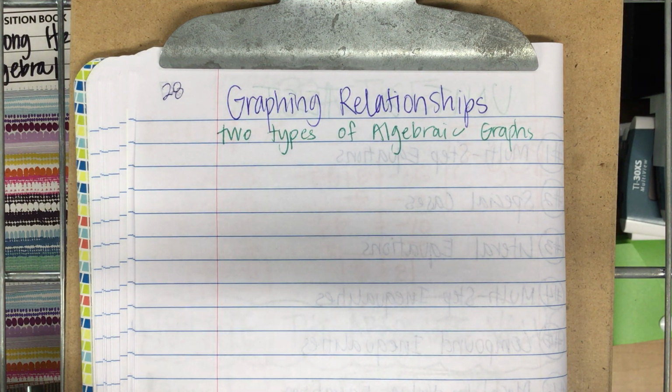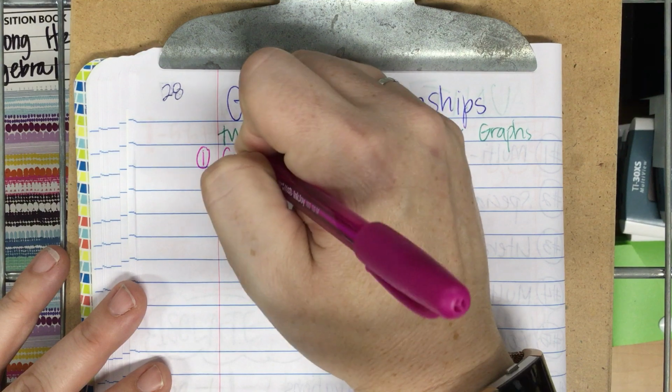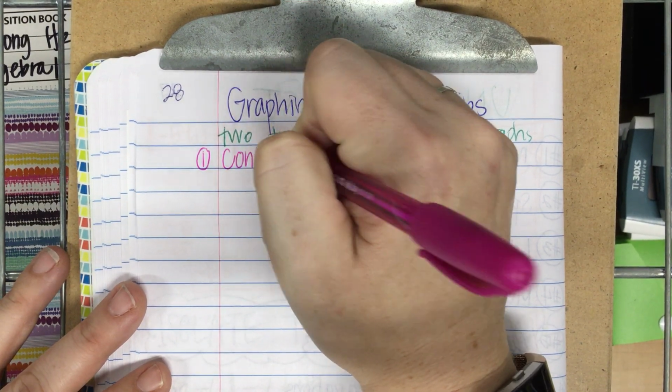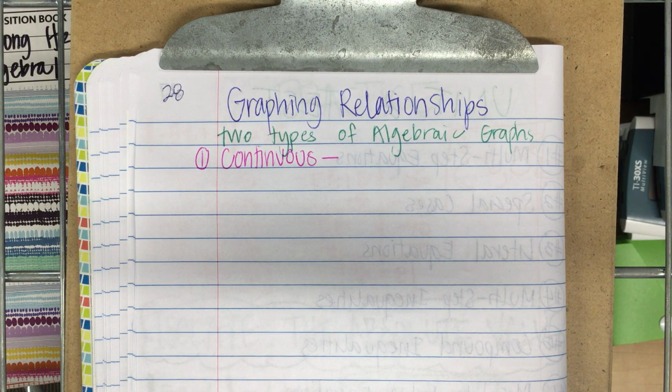One type of graph is called continuous. The first type is called continuous.